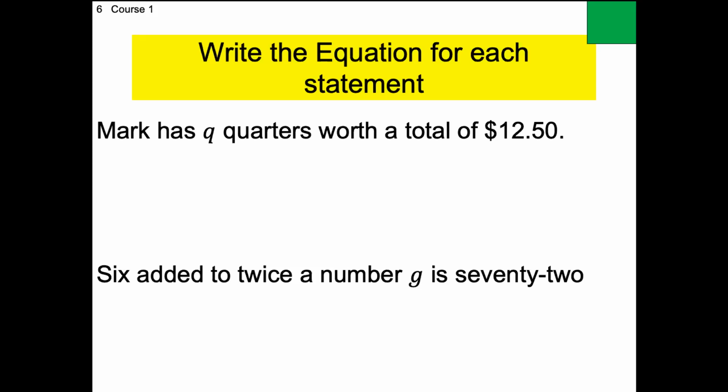Well, that's already in dollars. I need to convert that to cents. Wait a second, I said that wrong. If we want to stick to dollars, I need to convert a quarter to a dollar. How many dollars in 1 quarter? 4. There are not 4. How many dollars are in 1 quarter?